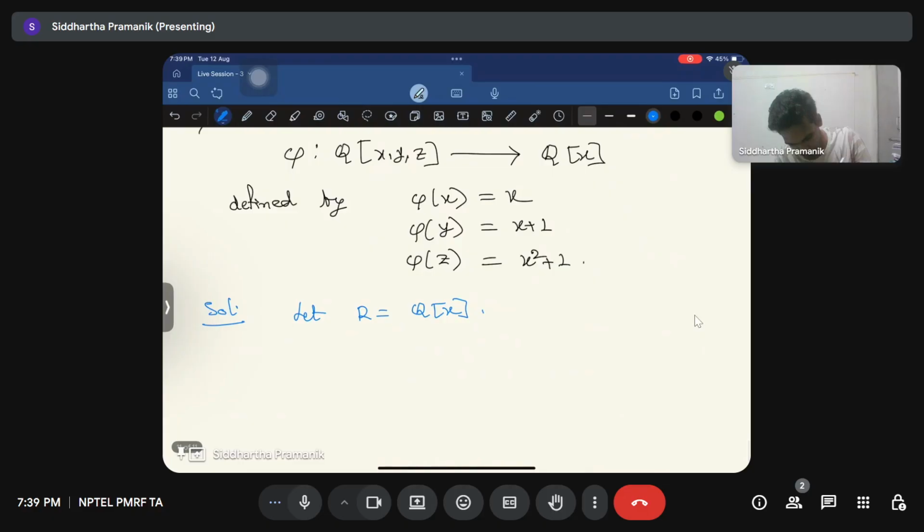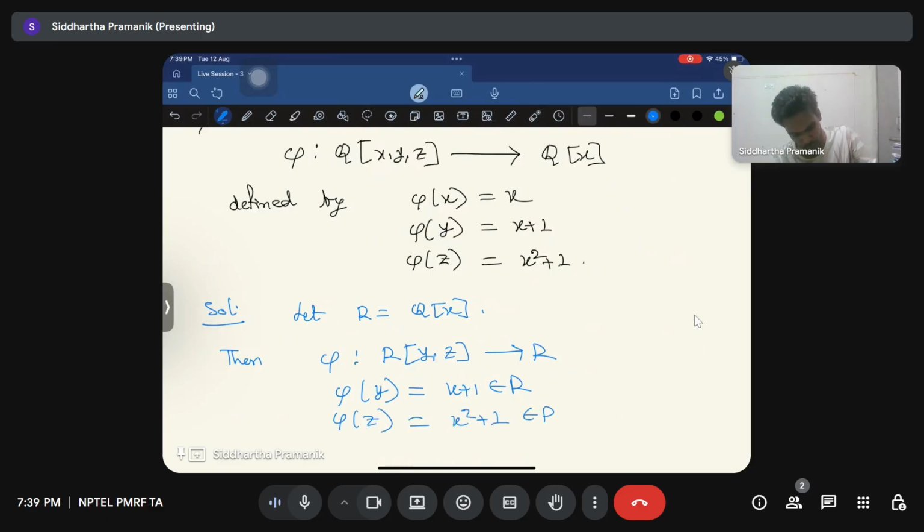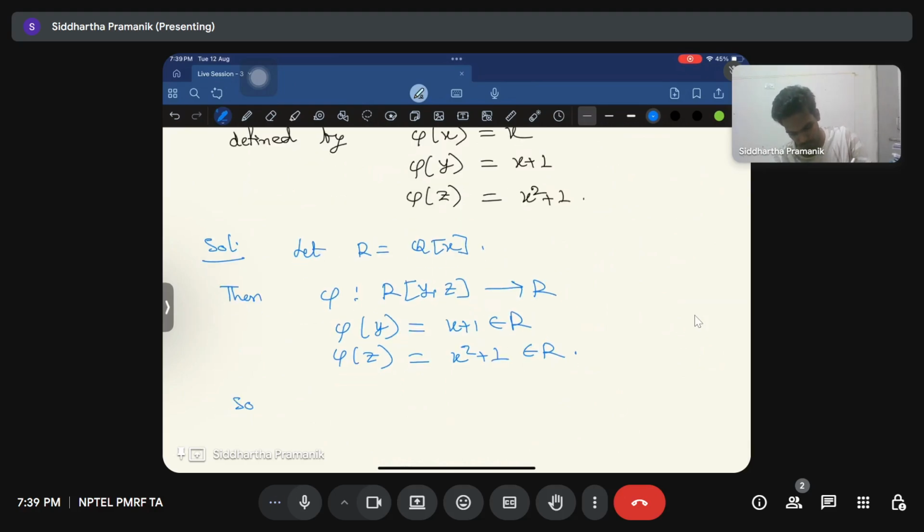Then this phi is actually a map from R[y, z] to R, which is defined as phi of y equals x plus 1, which belongs to R, and phi of z equals x squared plus 1, which also belongs to R. So the kernel of phi is basically the ideal (y minus (x plus 1), z minus (x squared plus 1)), generated by these two polynomials.